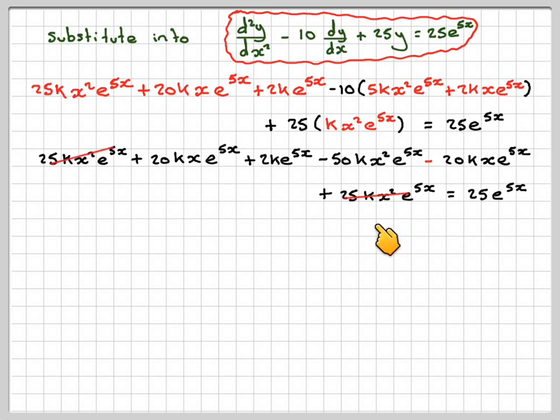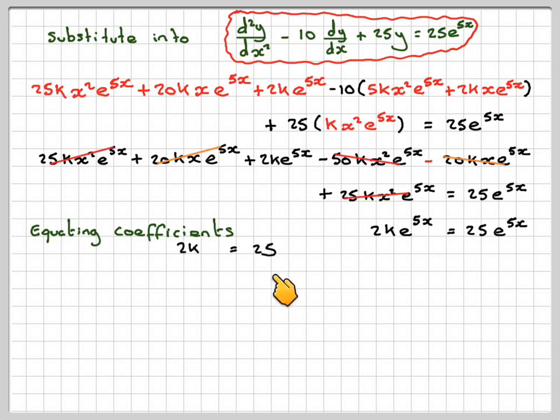Put those two together and they cancel out with that one. And then that one will cancel out with that one. You're just left with 2k e to the 5x is equal to 25e to the 5x. So, equating coefficients, we're going to have 2k is equal to 25, which is going to give k is 25 over 2.